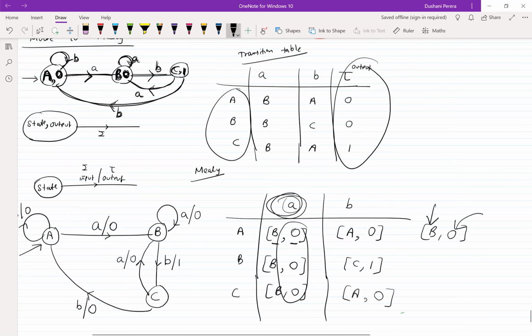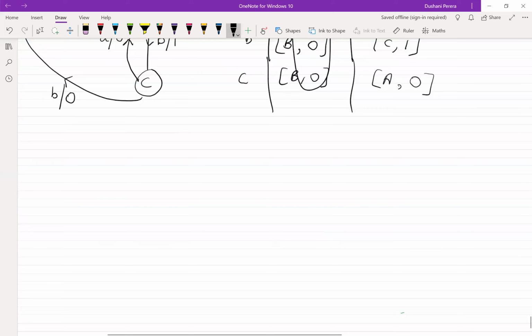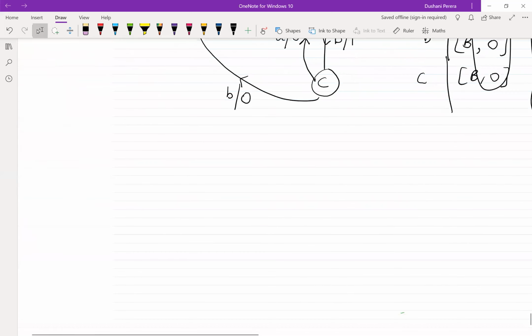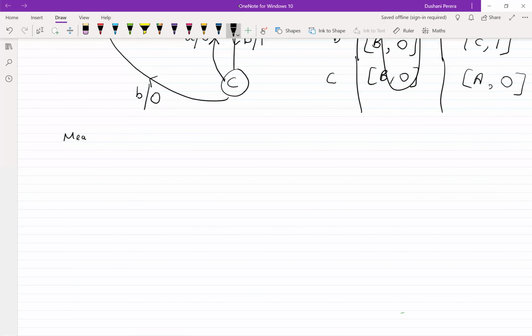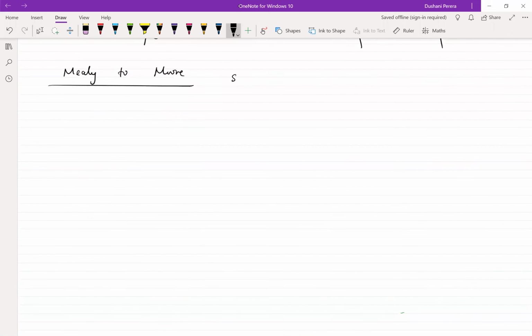Okay, then let's convert Mealy to Moore. So here what happens is, you have a state, you have an input, you have an output.